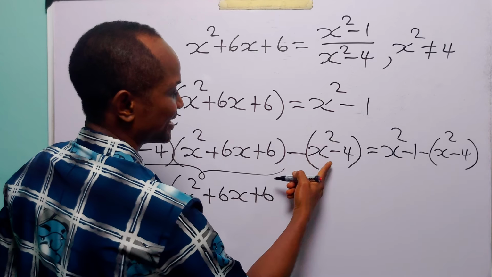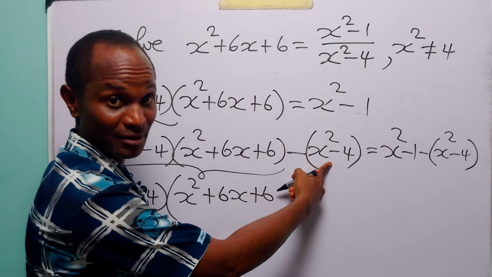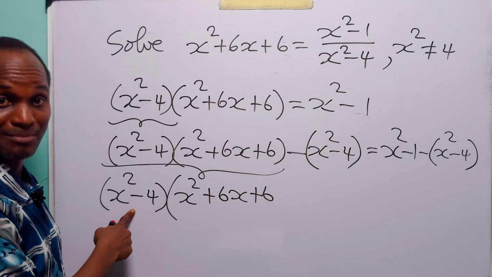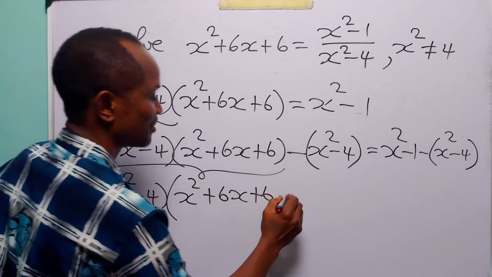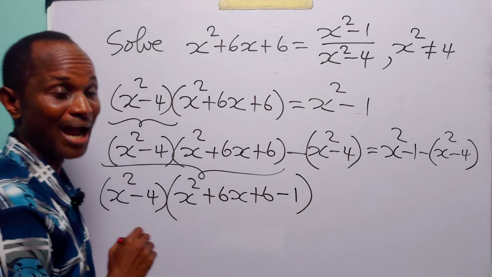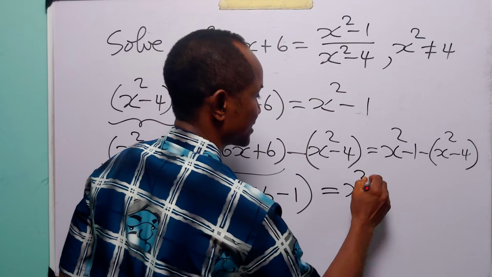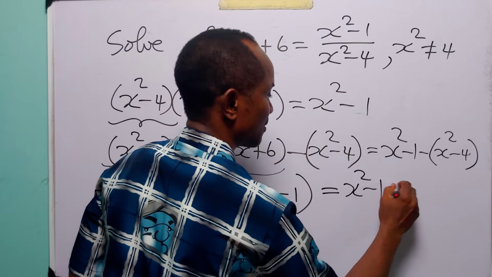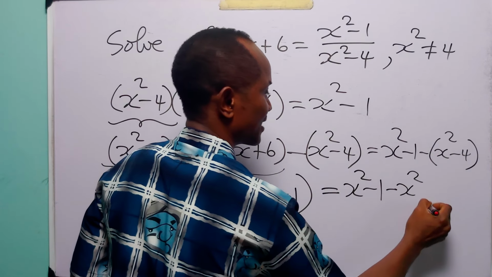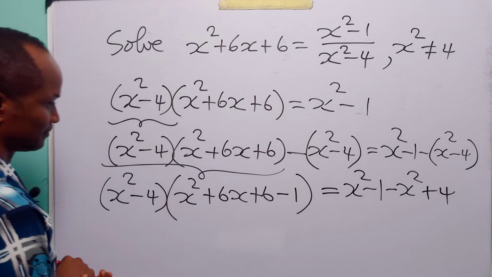And when you divide minus (x squared minus 4) by x squared minus 4, you know that we are going to be left with minus 1. Now, on the right-hand side, we have x squared minus 1 minus x squared, minus minus is plus 4.